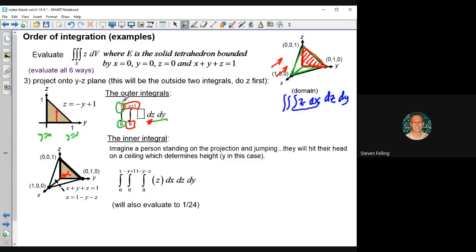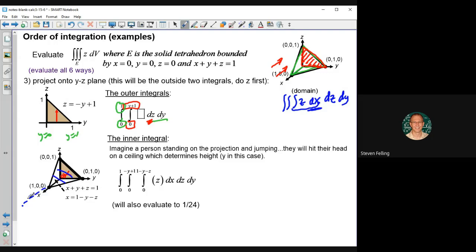Now that's a little bit different when we consider the inner integral. Now we're talking about integrating in the x direction. So we have to imagine our person is standing on the yz plane in three-dimensional space, and they're jumping in the x direction. Where would they hit their head? They would hit their head on this plane again, the plane x plus y plus z equals 1.